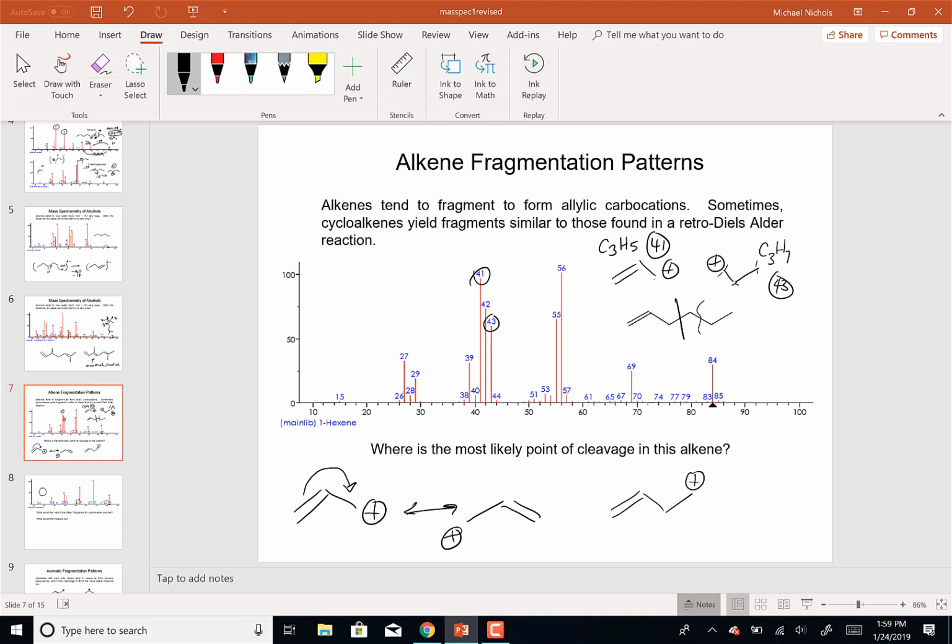You might say, what if I cleave one carbon atom and I make that carbocation? What is that? Let's see. So that's going to be a C4, which is 48, plus 1, 2, 3, 4, 5, 6, 7.